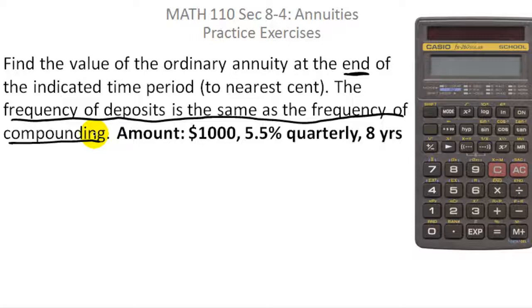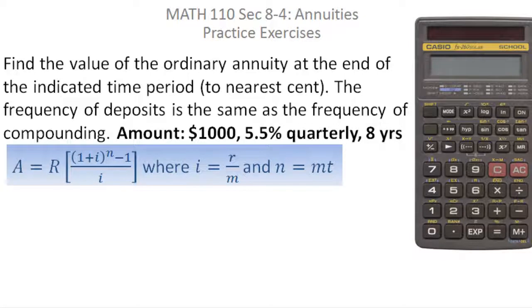Anyway, getting that aside, I know that if it's an ordinary annuity, I have to use this formula for the future value of an ordinary annuity. Now it becomes a matter of just calculating the values. I need to calculate N, the number of compounding periods.